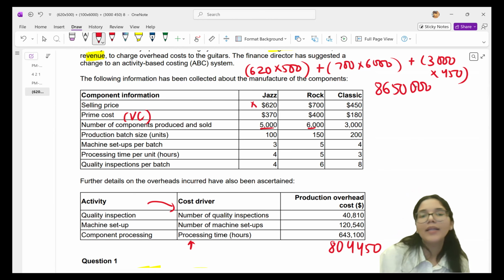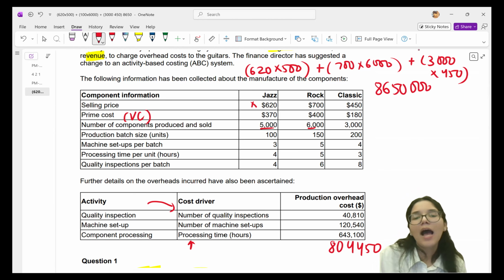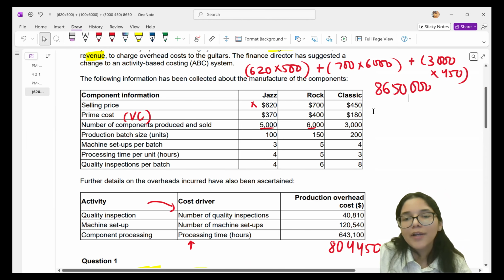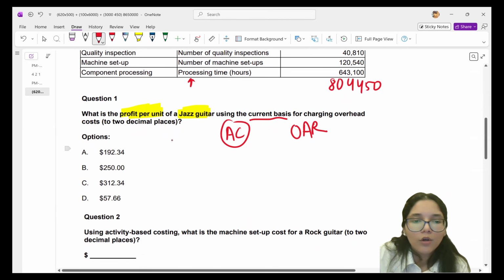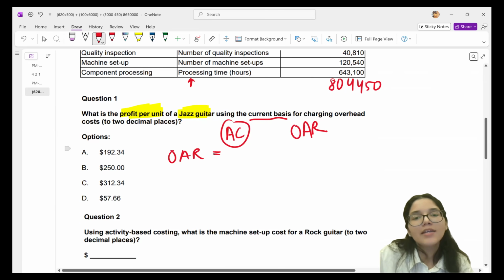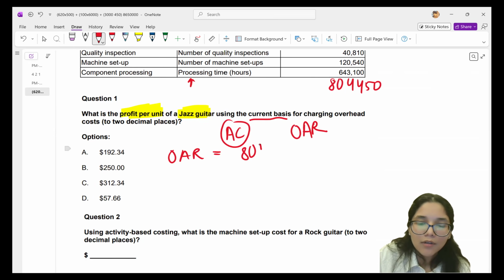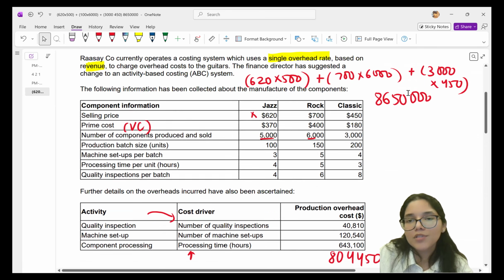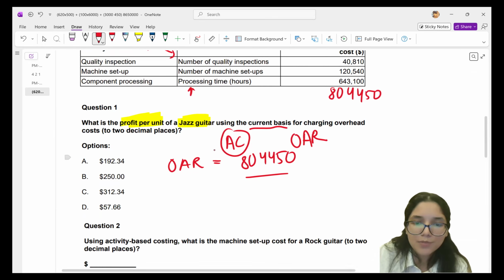So I write this number over here, 8,650,000. Now what I need to do is find out how much overheads I will charge for the revenue that I have. So my overhead absorption rate will be equal to the overheads that I am incurring, that is 804,450, divided by the total revenue. So what's the total revenue? 8,650,000.